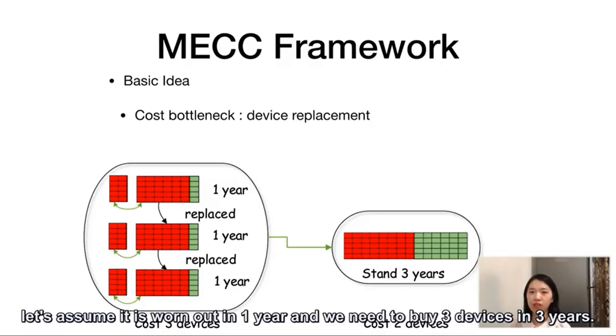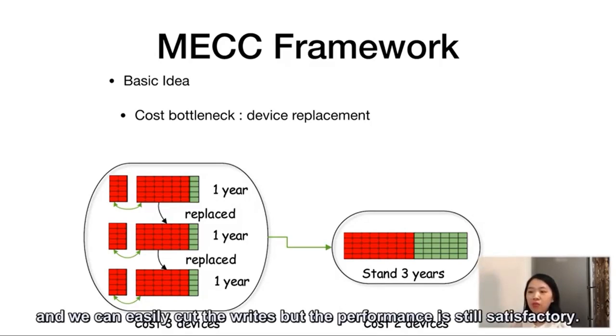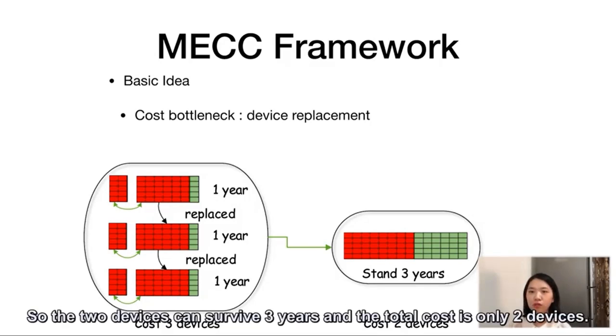If we buy 2 NVM devices instead of 1, the hot data can be kept in cache now, and we can easily cut the writes, but the performance is still satisfactory. So the 2 devices can survive 3 years, and the total cost is only 2 devices.